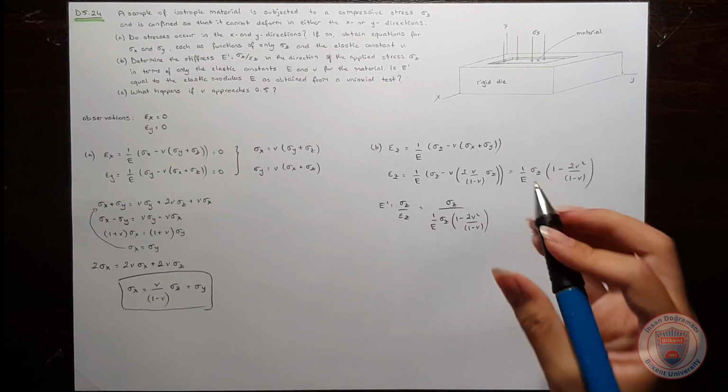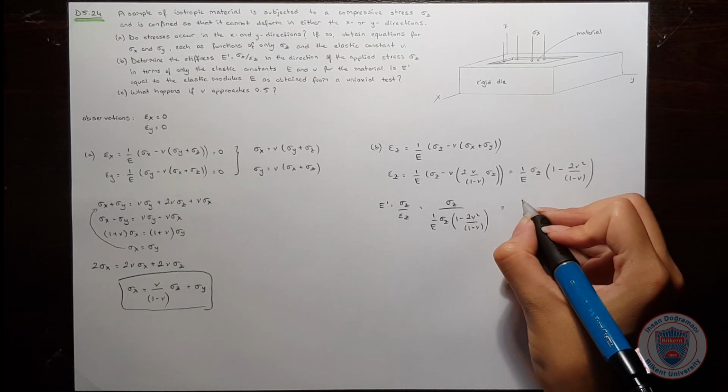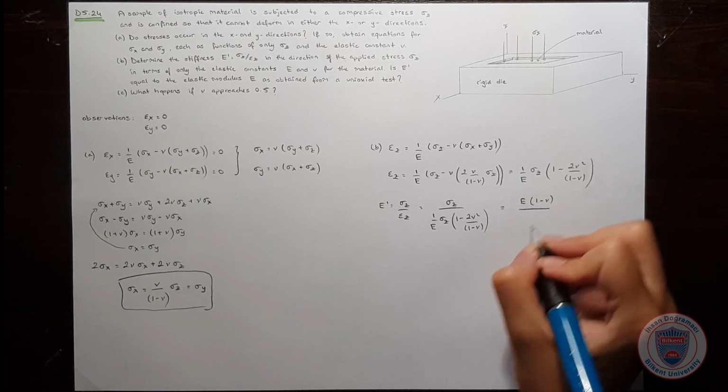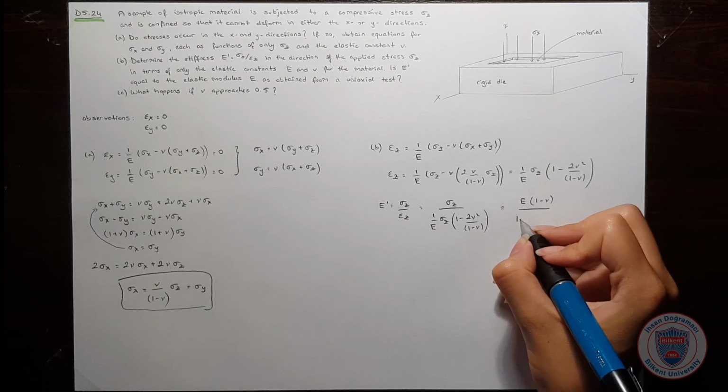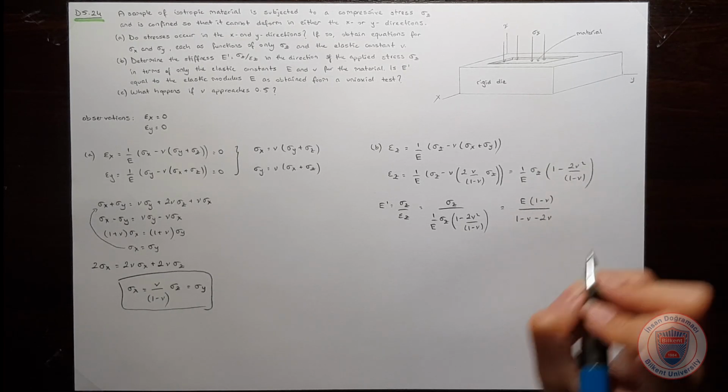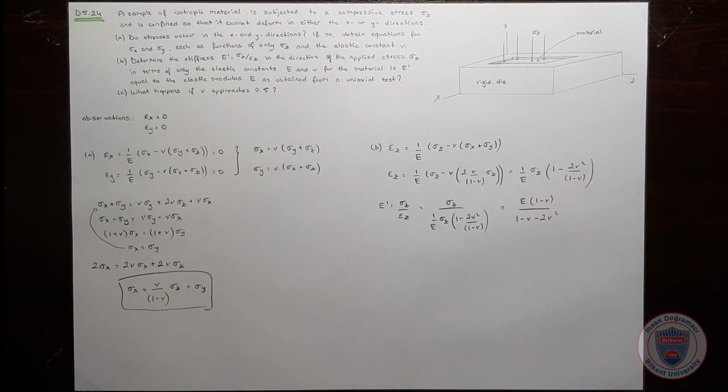When we make some arrangements, we get E times 1 minus Poisson's ratio over 1 minus Poisson's ratio minus 2 times Poisson's ratio square.